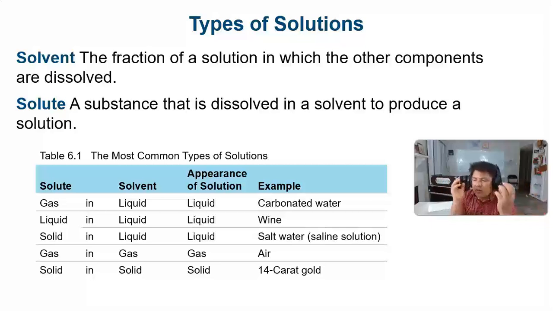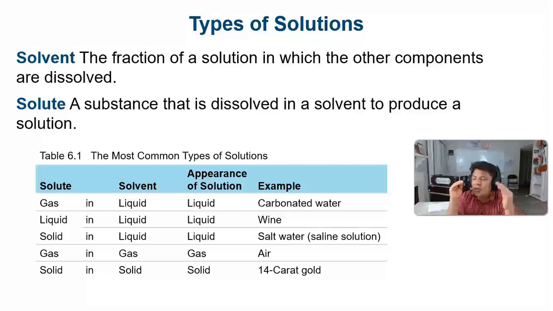The solvent is generally the component in which the other components are dissolved. And the solute is a substance that is dissolved in a solvent to produce a solution. For example, in a sodium chloride solution, the sodium chloride is the solute and the water is the solvent.